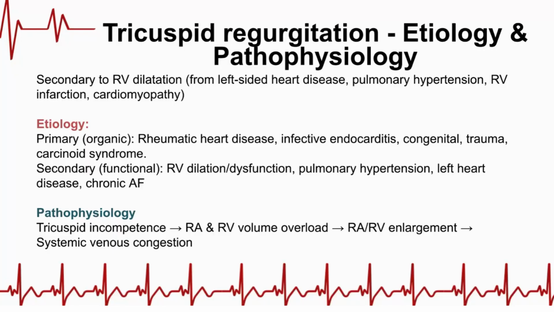You can also have backflow of blood from the pulmonary vein through the pulmonary valve into the right ventricle, increasing the volume in the right ventricle, and this blood during systole can seep into the right atrium, and over time this can cause right atrial and right ventricular enlargement.